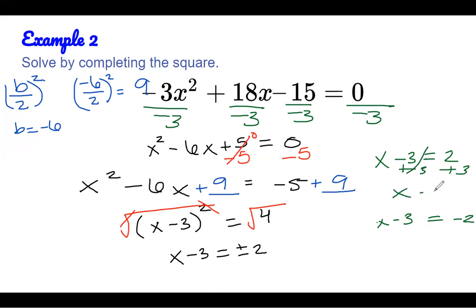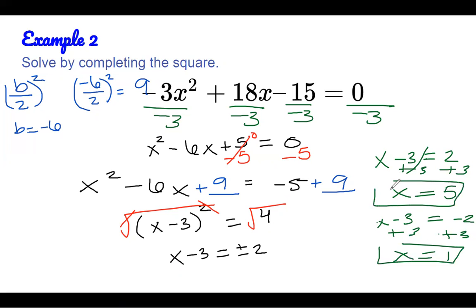I'm left with x equals 5. Add 3, and I'm left with x equals 1. So this is using the square root method. Any questions on this, guys? All right, let me give you guys one on your own. Actually, let me give you your worksheet so you can start practicing.